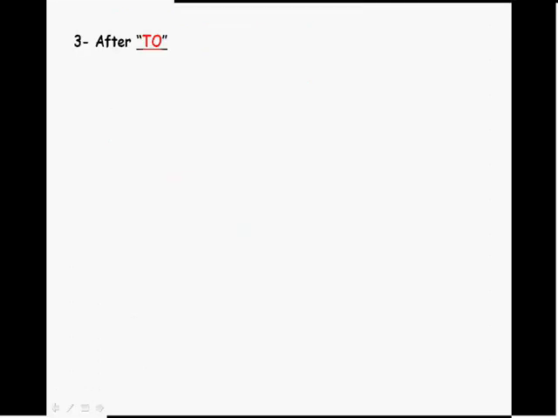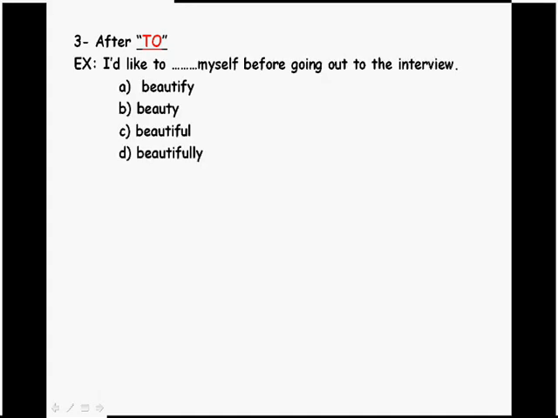Also, when we have to, we put a verb after to. Example, I'd like to myself before going out to the interview. I'd like to. So when you have to here, I found to in my sentence, so I need to put the verb. By now, I think you will spot the verb easily.